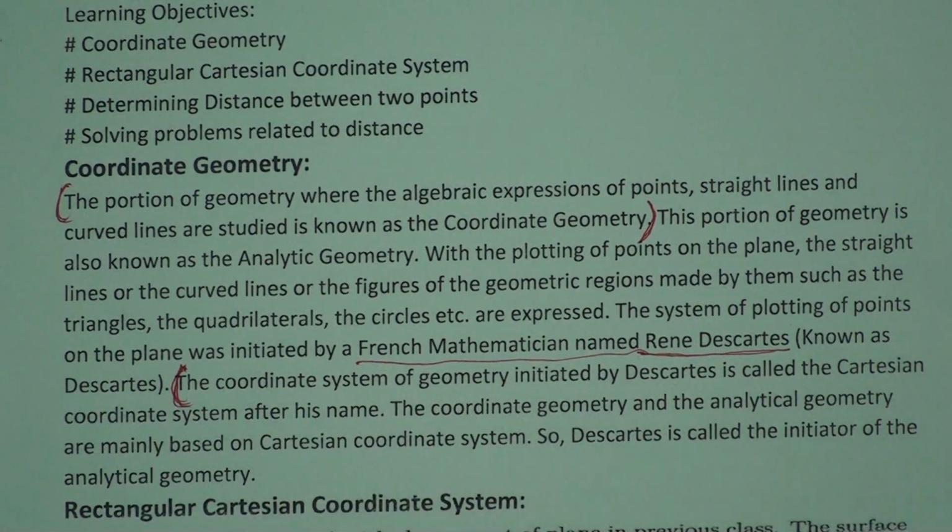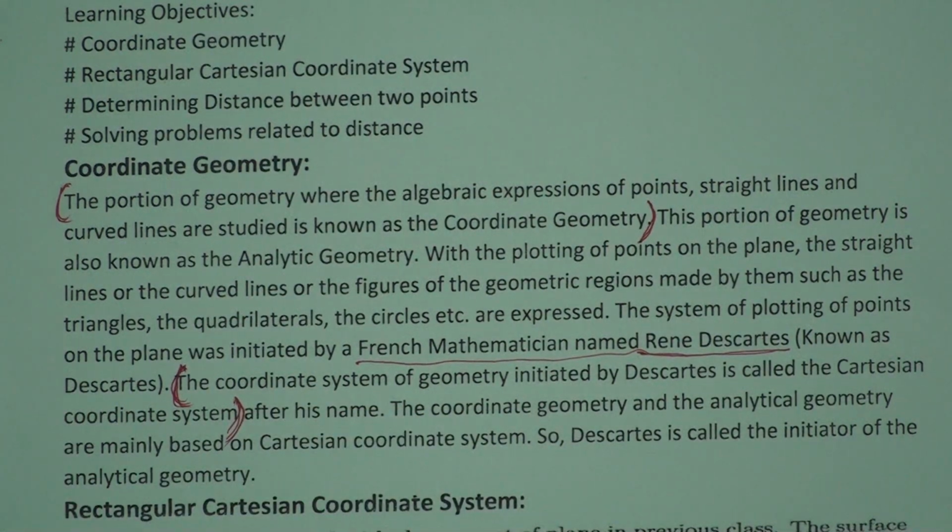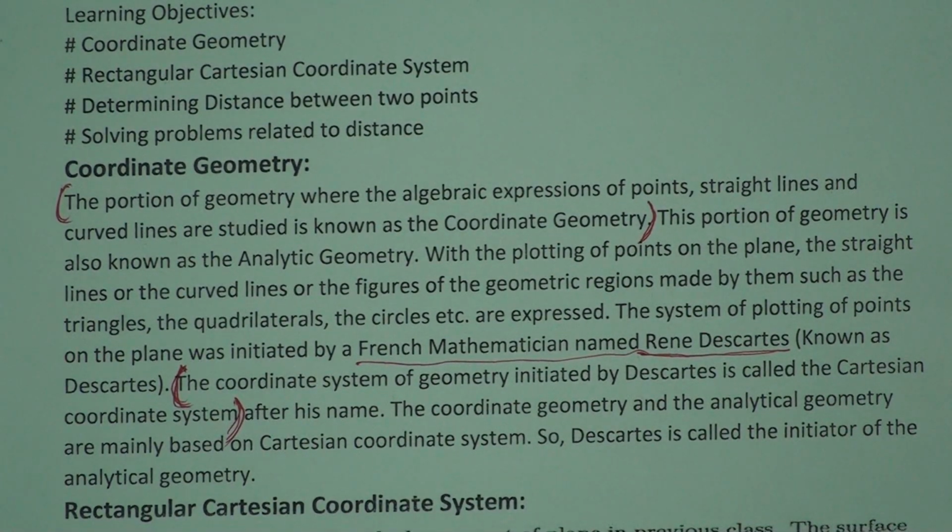So here is the Cartesian coordinate system definition. The coordinate system of geometry initiated by Descartes is called the Cartesian coordinate system after his name. So we have to write this definition. Okay, now the coordinate geometry and the analytical geometry are mainly discussed based on the Cartesian coordinate system.